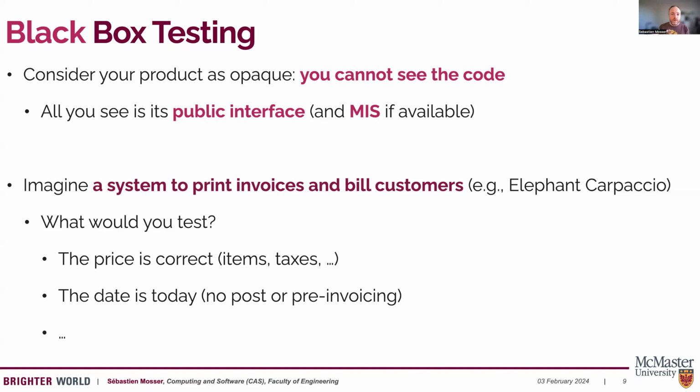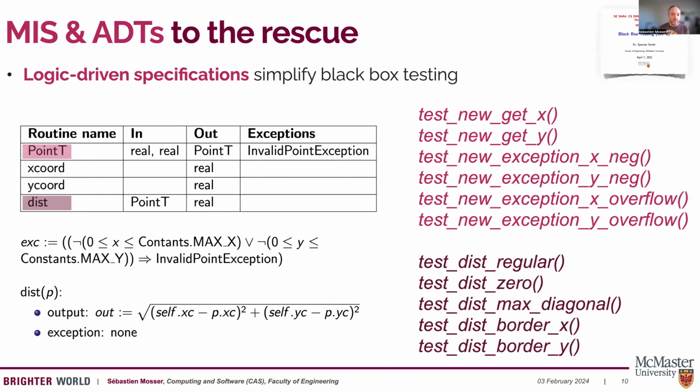If I do have something more formal, being an MIS, an ADT, or just a simple interface or public method listed for a class or header file in C or those kinds of things, we can actually go a little bit more in detail of what we can test, because that gives me information, okay? I have the notion of a point as an MIS with an X coordinate and a Y coordinate, and I have this function I can use to compute the distance between elements.